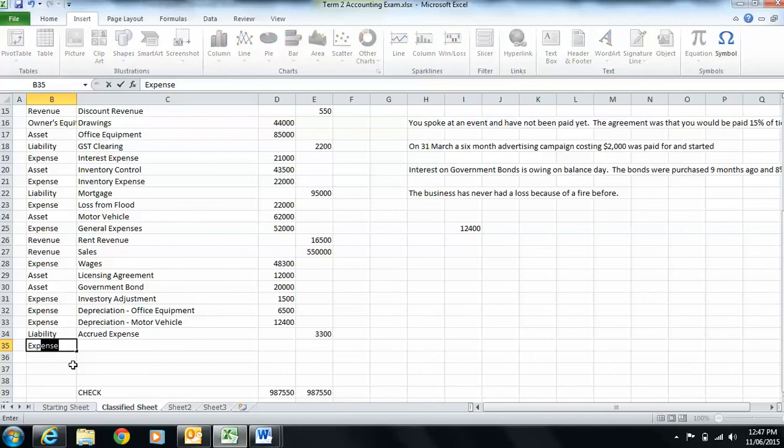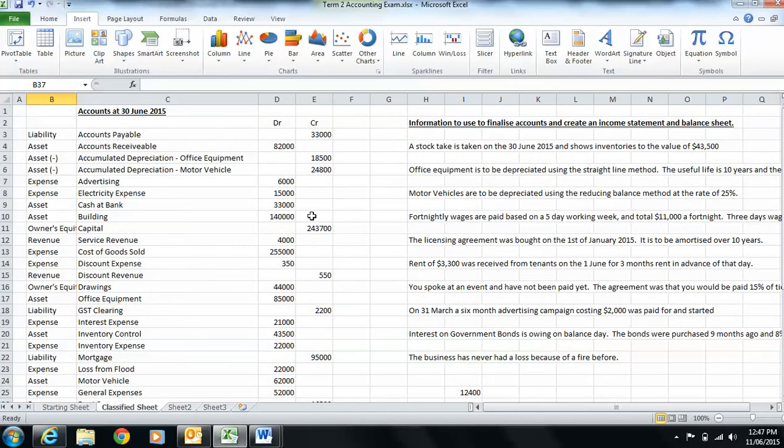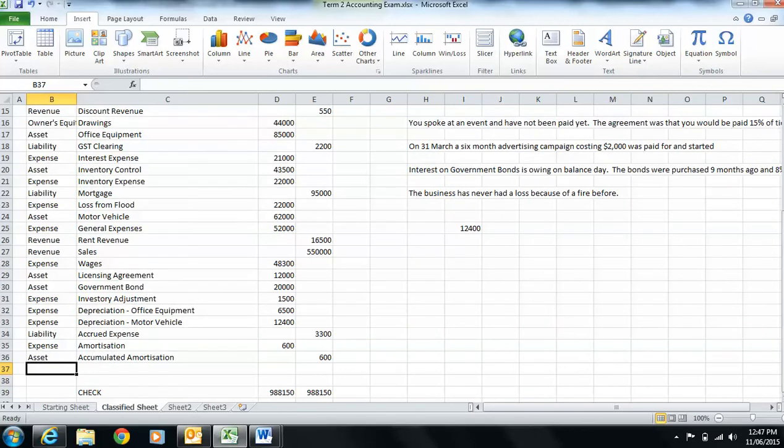So the first one we'll pop in is an expense account, which is amortisation for the license, and over the year it's going to be $600. Then we've got the asset account, which is going to be accumulated amortisation. So all the amortisation to date, which is just this 1 year's worth, the $600. And you can see that much like the accumulated depreciation, it's got a credit value. So we're feeling pretty comfortable with that.